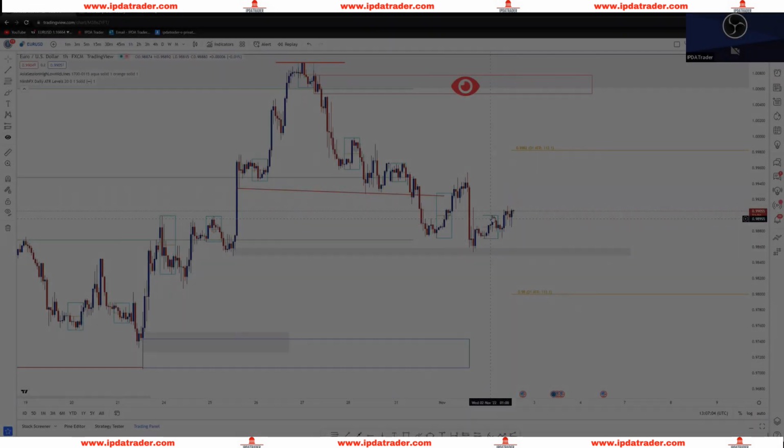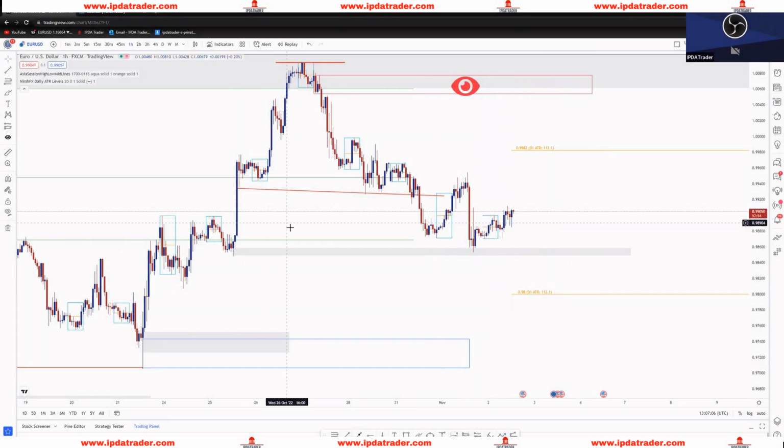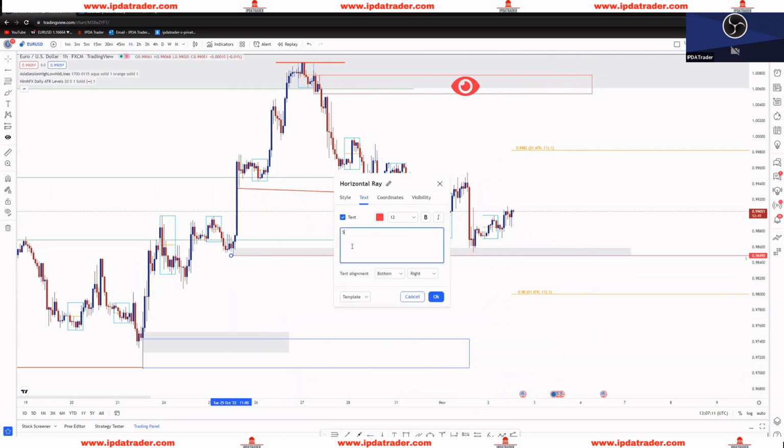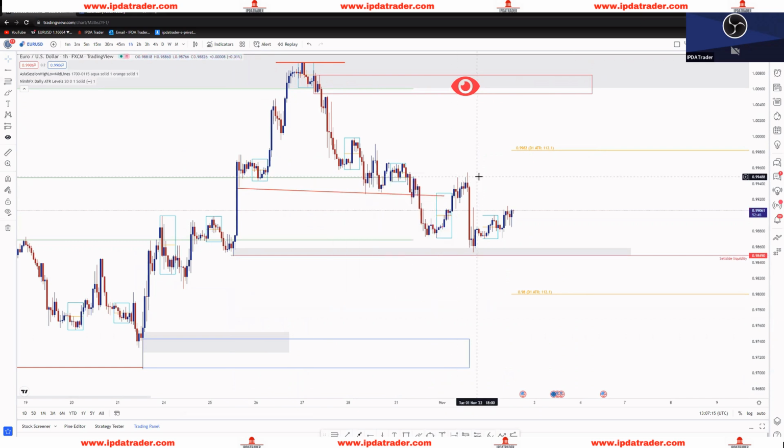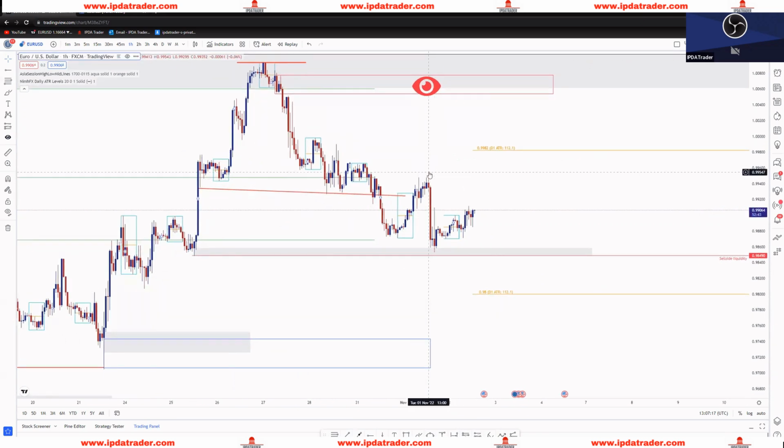So at this point, I don't think there's anything that you should be doing. I will be looking for this potential sell side to be cleared. We do have sell side liquidity resting over there. We have buy side liquidity above this. We're still in the middle. We haven't really moved much from daily candle open. We can see that we have ATR periods still untouched.